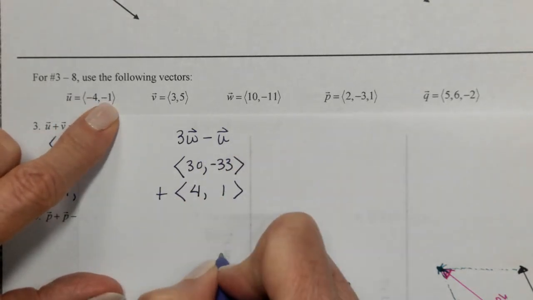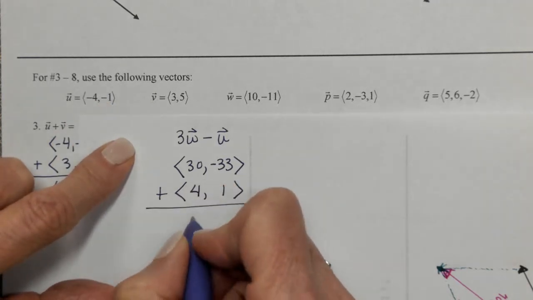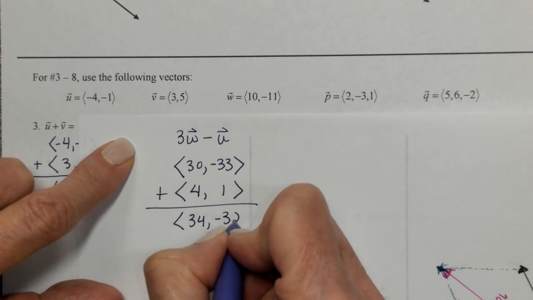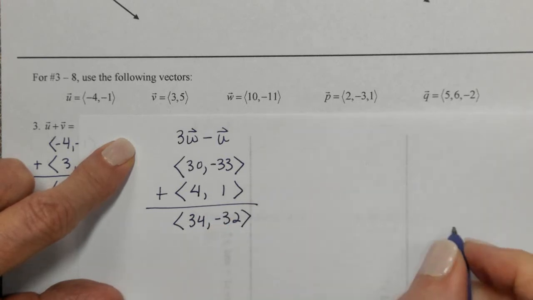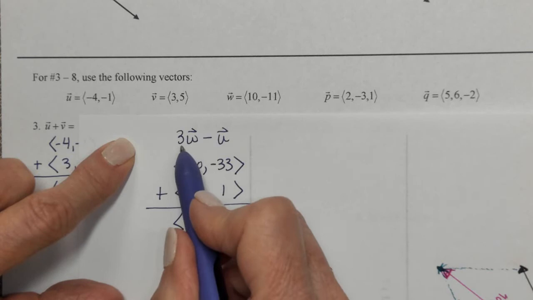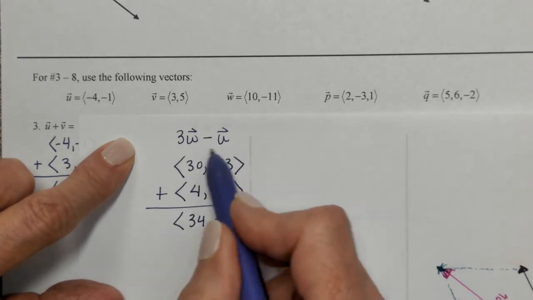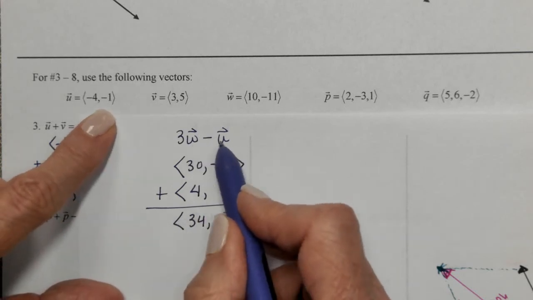Then add your coordinates, and we get the result. So that's how you have a scalar multiplied by your vector, and you can subtract or add. I like to multiply by a -1 and then add.